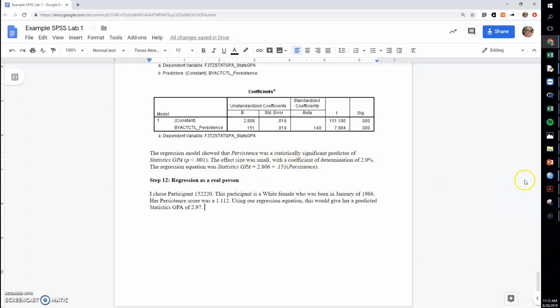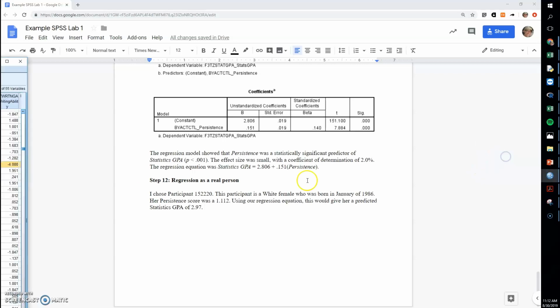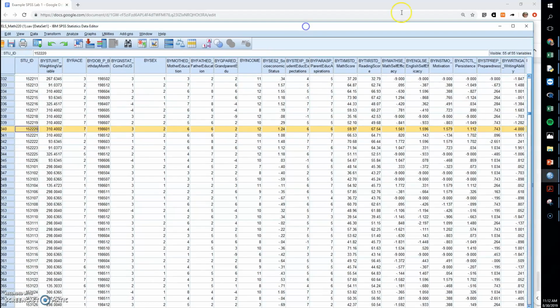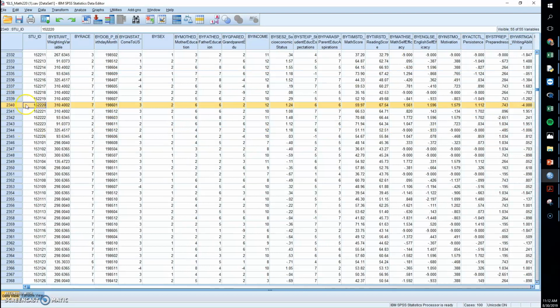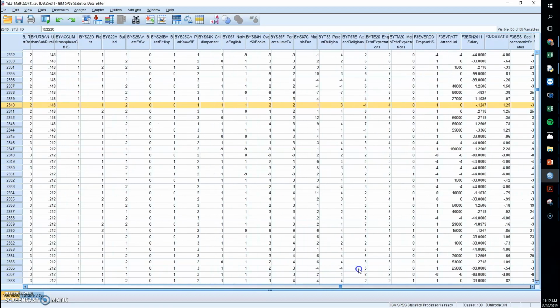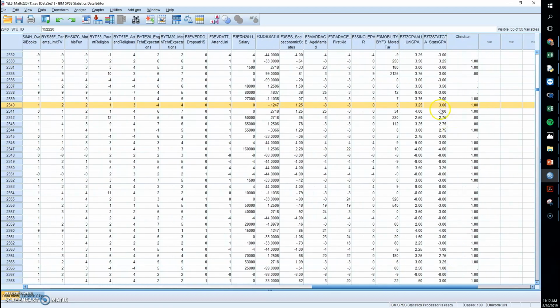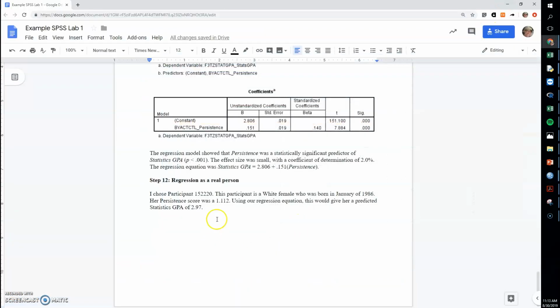Now that's her prediction based on this regression equation here. But we can actually see what her statistics GPA was, right? Using that same student, we're going to slide all the way over and see that she had a statistics GPA of 3.00.